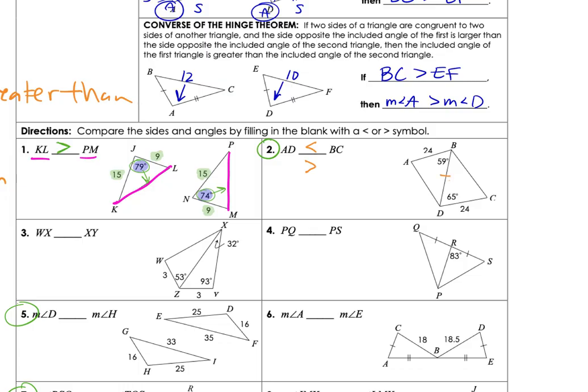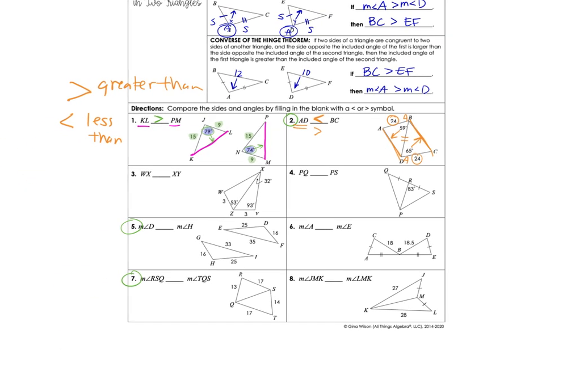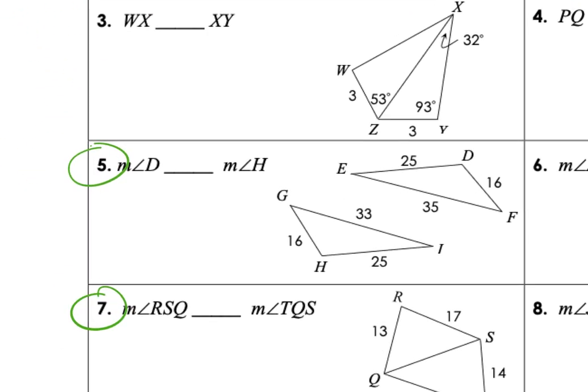We know this side is congruent, and we know these two sides are congruent, and this would be our included angles, right? So this is bigger, this is smaller, so that means that BC is going to be bigger than AD. So if AD comes first, then you're going to say AD is less than BC. Good there?